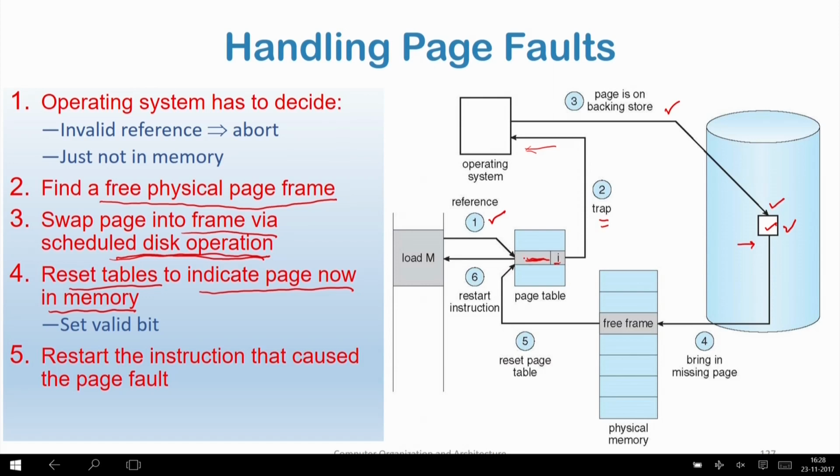I will also set the valid bit to indicate that this virtual page is now in physical memory. Then I will restart the instruction that caused the page fault. So in a particular memory access, I had a page fault, then I service the page fault, then I restart the memory access, and in the subsequent memory reference I will get the data that I sought in the physical memory.